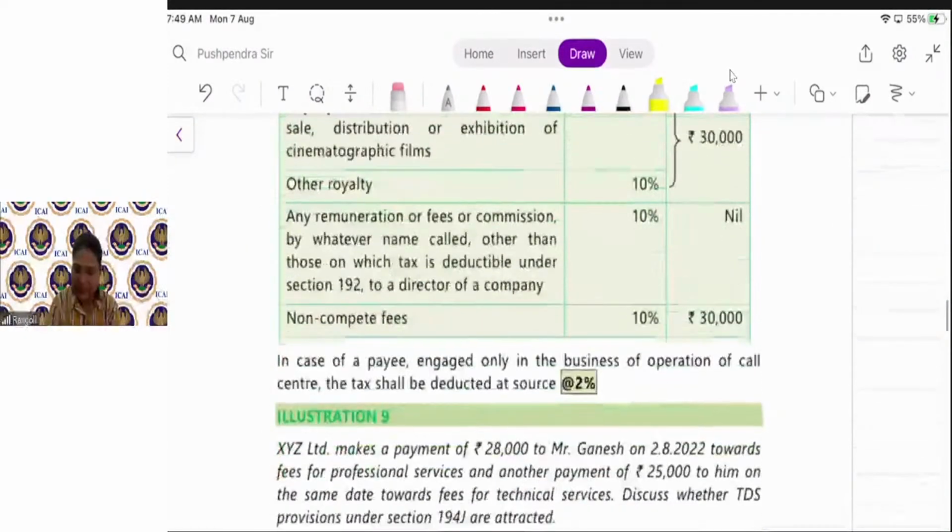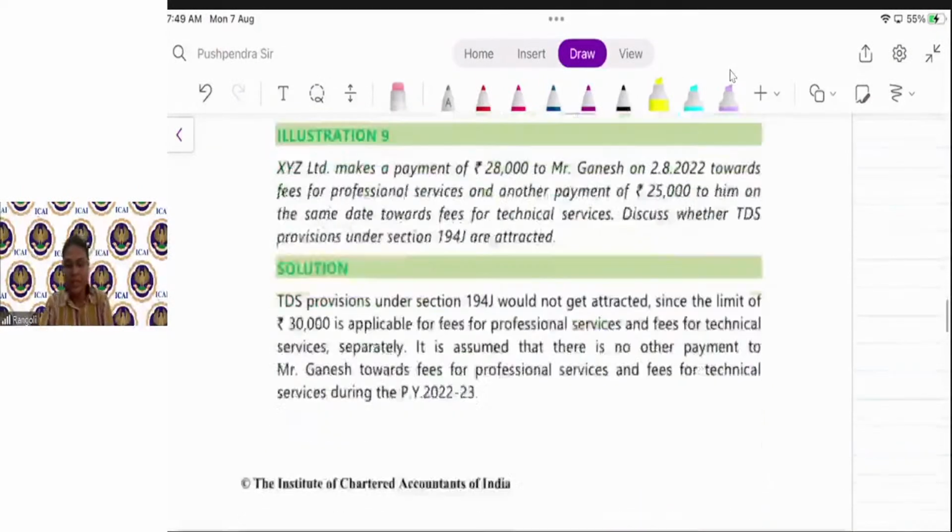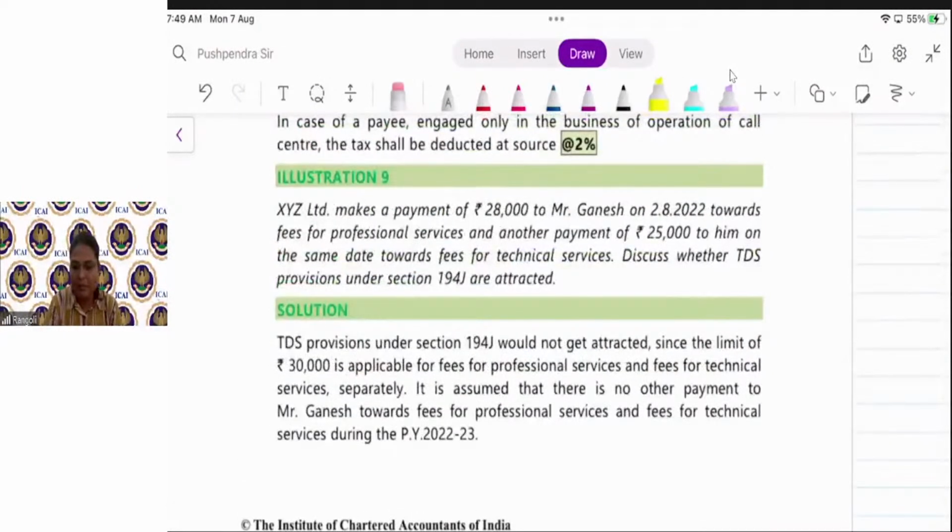Let us discuss illustration number 9. XYZ Limited makes a payment of 28,000 to Mr. Ganesh. My dear friend, TDS is required to be deducted by the payer, not the payee.